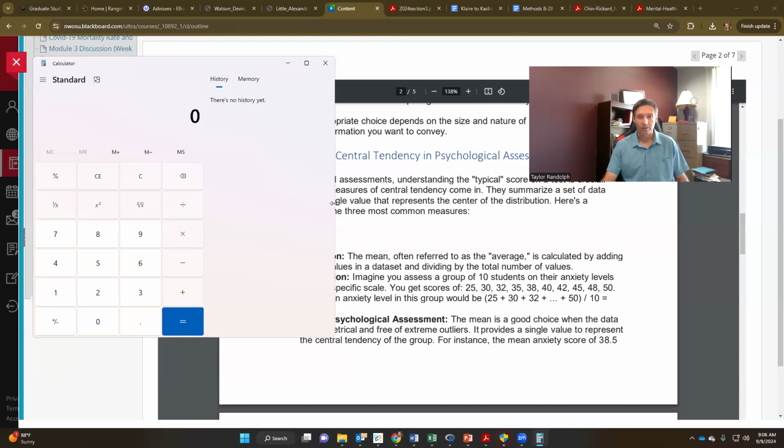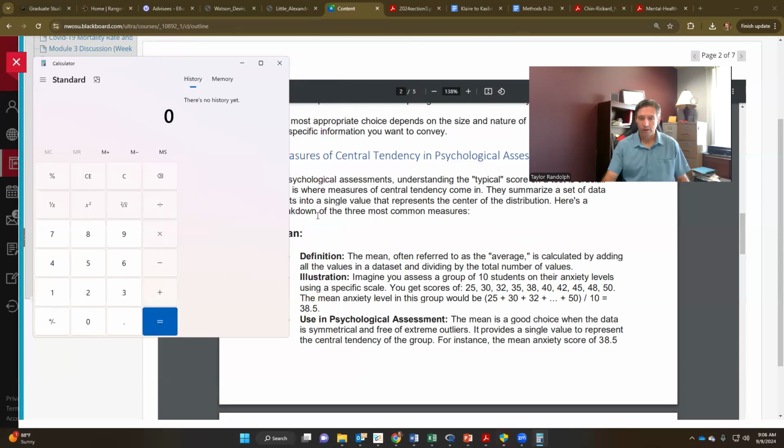So make sure I can see all my numbers. All right, here we go. So we're taking 25 plus 30 plus 32 plus 35 plus 38 plus 40 plus 42 plus 45 plus 48 plus 50. Come out with a total of 385. And then there are 10 scores there.